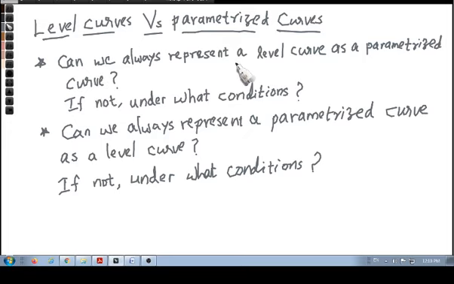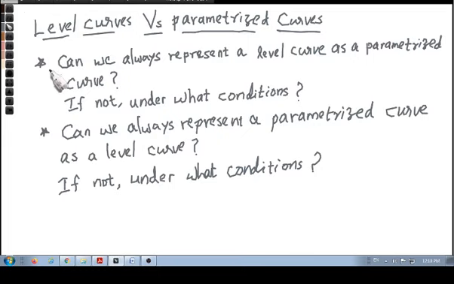Can we always represent a level curve as a parameterized curve? A parameterized curve is a level curve expressed, but under what conditions?